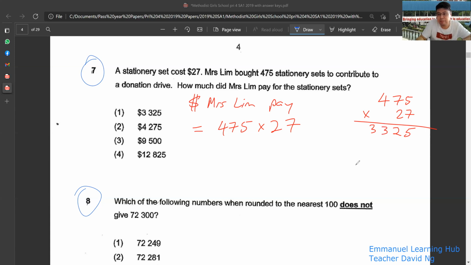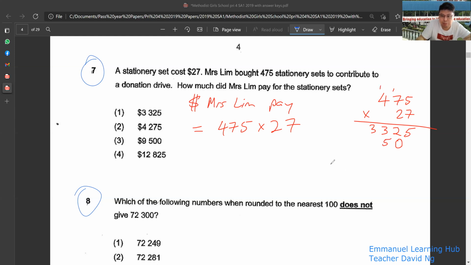Then after that, 5 times 2 equals 10. Then you can put a 1 on top. Then 2 times 7 equals 14, plus 1 equals 15. Then put a 1 here.